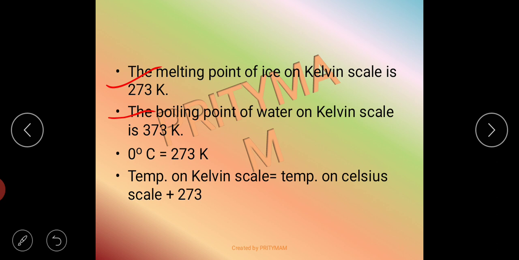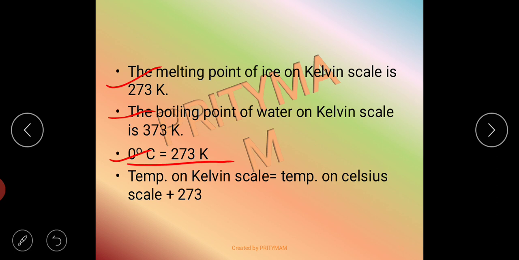Students, we must learn that the melting point of ice on the Celsius scale is 0 degrees Celsius, and on the Kelvin scale it is 273 Kelvin. What does this mean? This means that the temperature of 0 degrees Celsius on the Celsius scale is equal to 273 on the Kelvin scale. So 0 degrees Celsius is equal to 273 Kelvin.